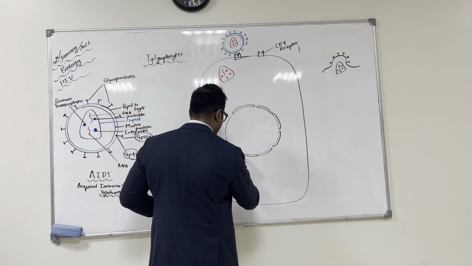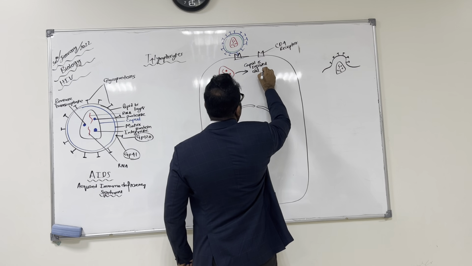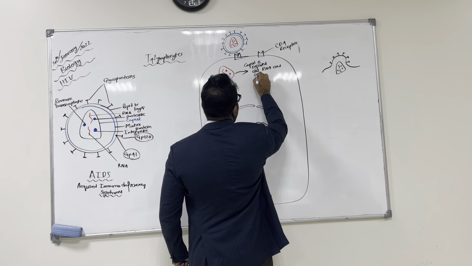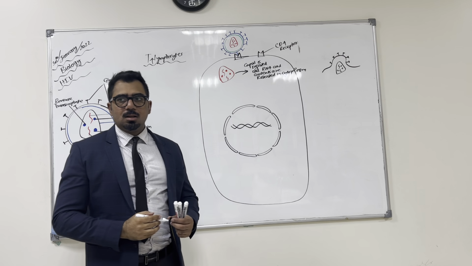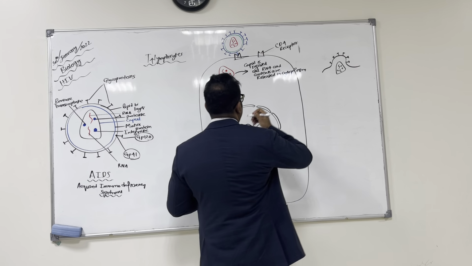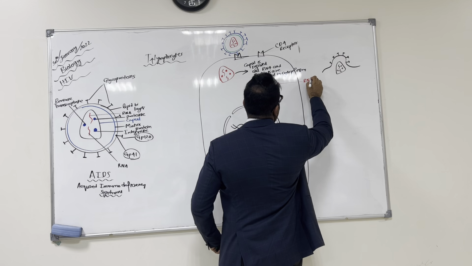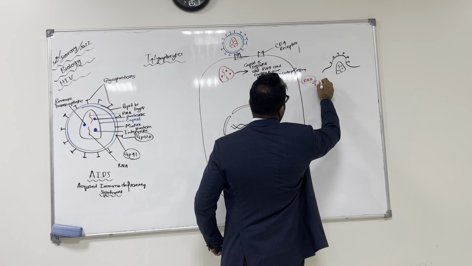And what are those contents? So what will happen? The capsid is digested and the RNA and contents are released in the cytoplasm. Now let's suppose that this over here is the RNA of the virus.